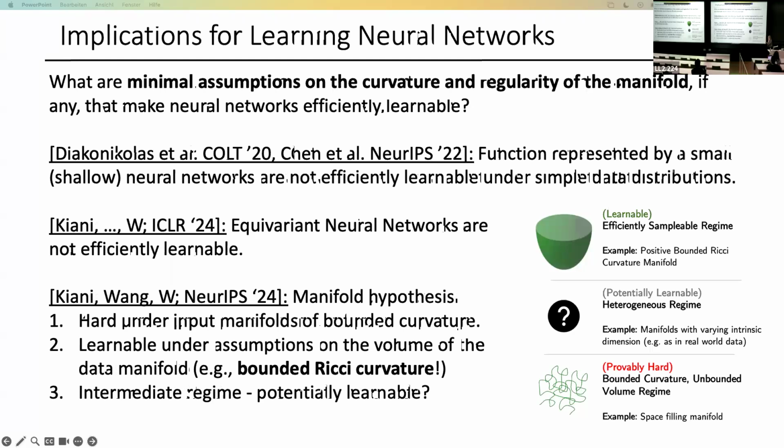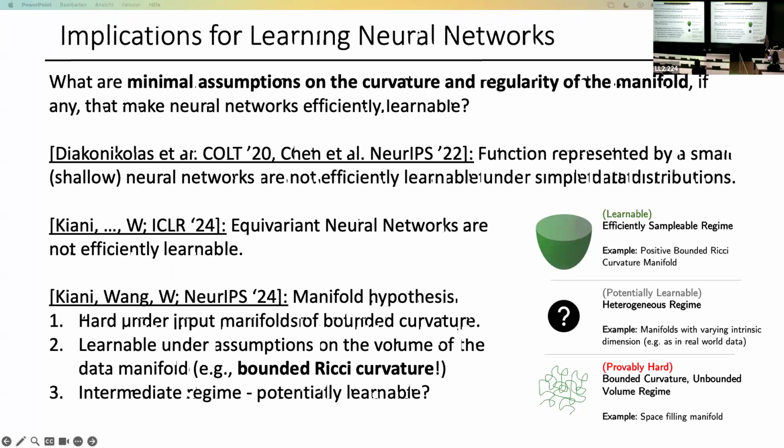To take a step back very briefly, learning or training neural networks with algorithms such as gradient descent is known to be hard, so not efficiently doable, even for simple, shallow feed-forward networks and even under very simple data distributions, such as Gaussian input. That's been established quite recently in two papers by Diakonikolas et al. and Chen et al. Chen here is Sitan Chen from Harvard.